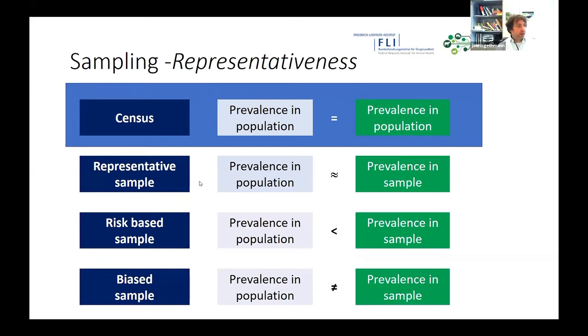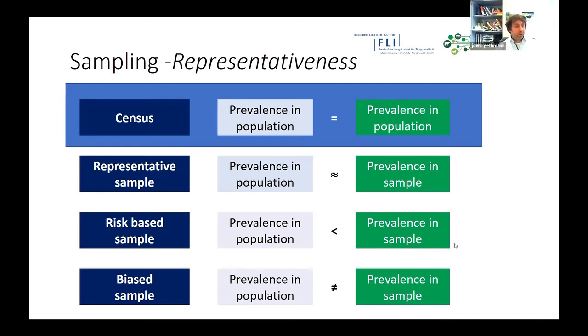With a representative sample, the prevalence in the sample is nearly the same as the prevalence in the population. With risk-based sampling, the prevalence in your sample is higher than in the population, because you select animals that might be diseased.